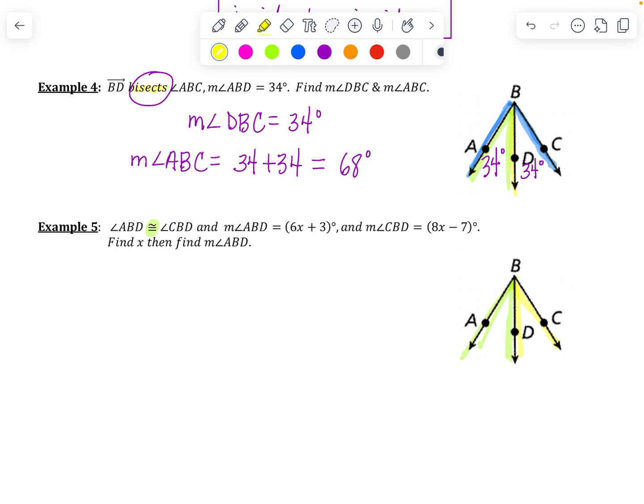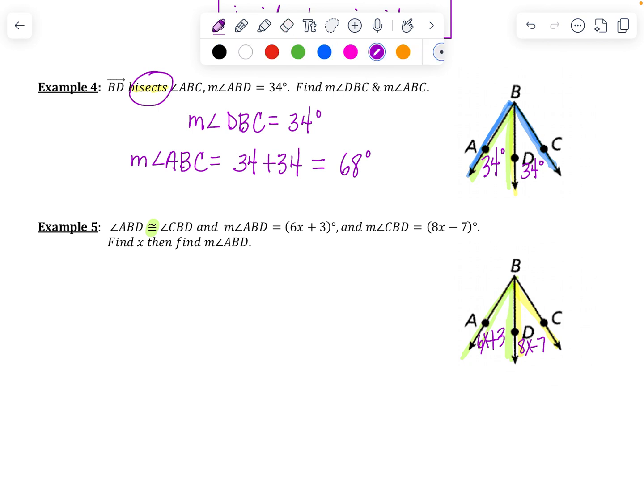So when they tell me ABD is 6x plus 3, ABD is this green one, 6x plus 3, and they tell me that CBD is 8x minus 7, and they give me no information about this big outside angle. And remember, you never put an X out here. That would be wrong. You have X's in the picture.